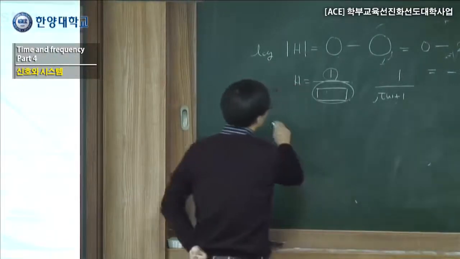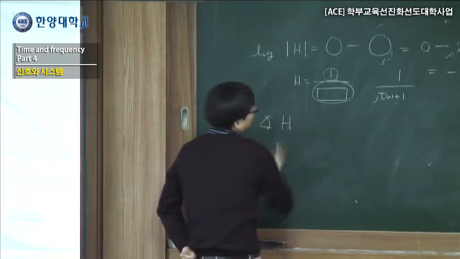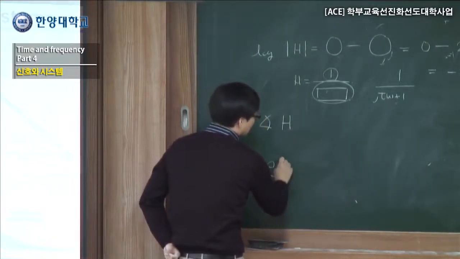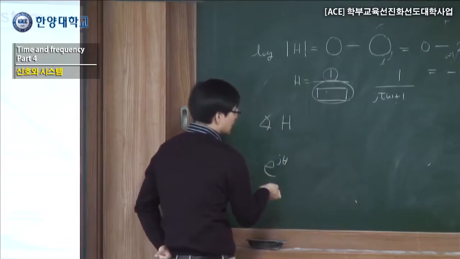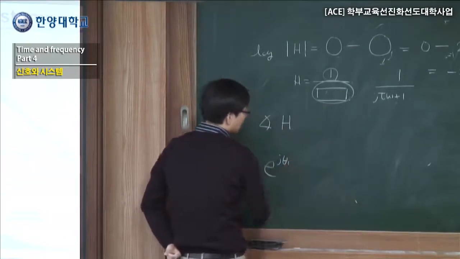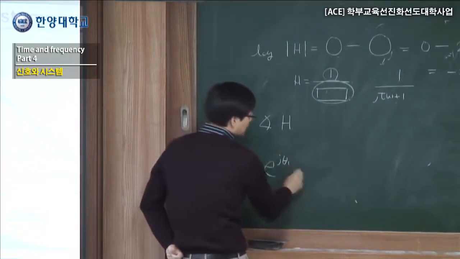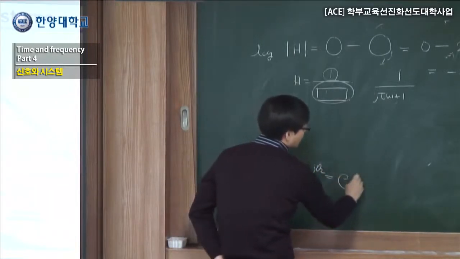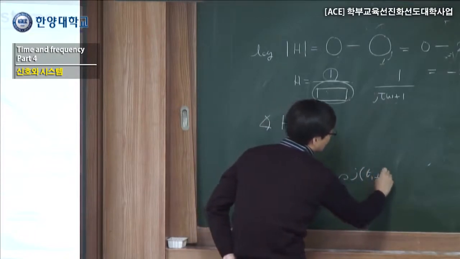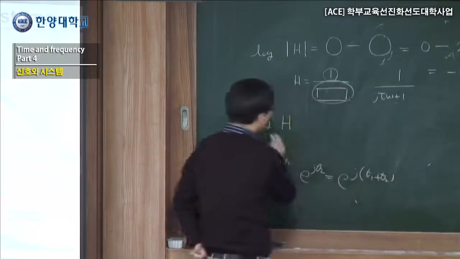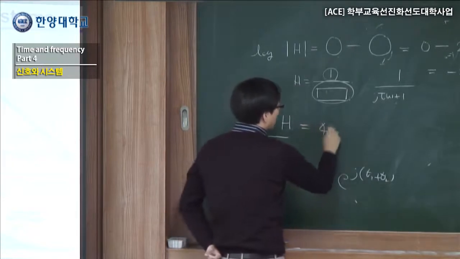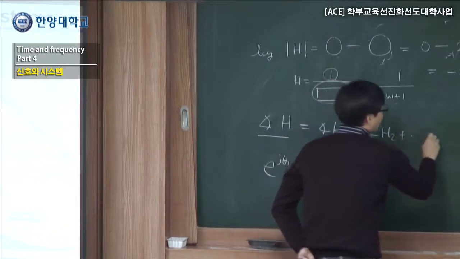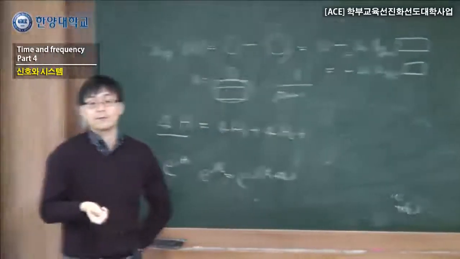In case of phase, we use the fact that in the Euler formula, if you have first system theta 1, second system theta 2, the result will be theta 1 plus theta 2, meaning that our phase will be the addition of each system.